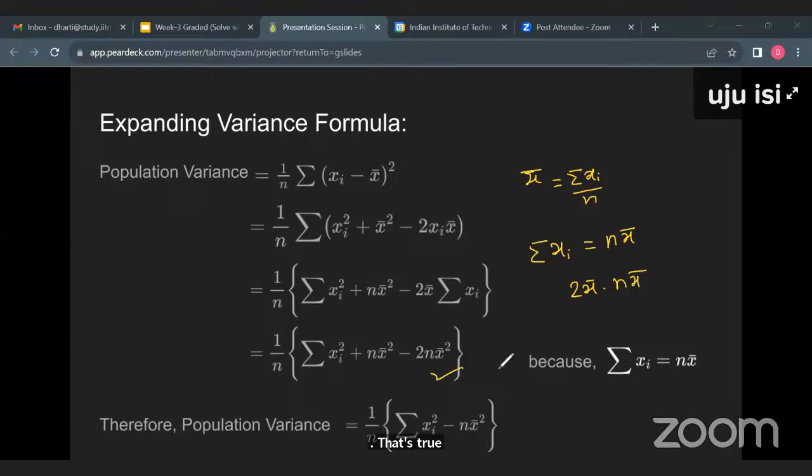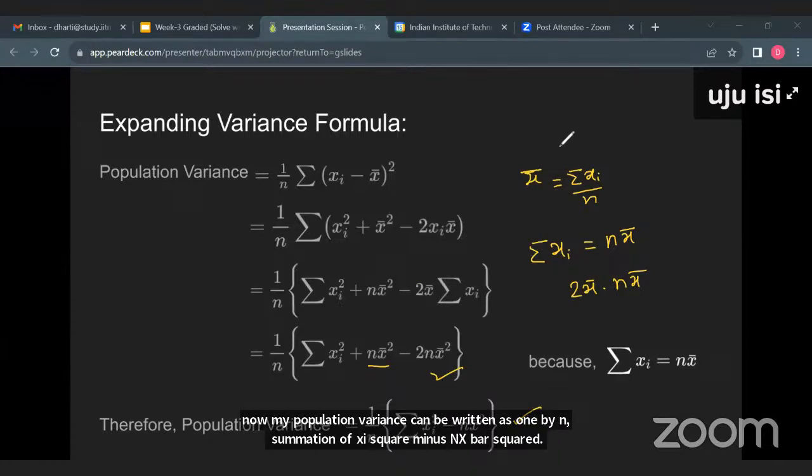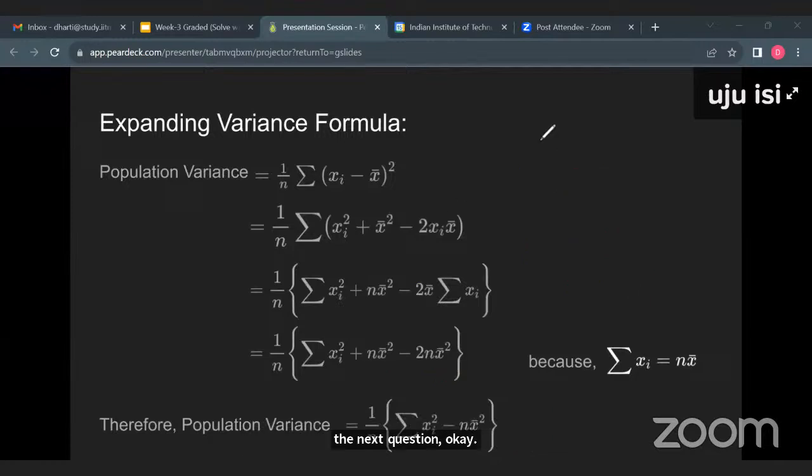Is it okay? And you can see the term n x bar square minus twice n x bar square. So now my population variance can be written as 1 by n summation of xi square minus n x bar square. Is it okay? This will reduce your work. How? We will see in the next question. Is it clear? Is this expression clear to all?